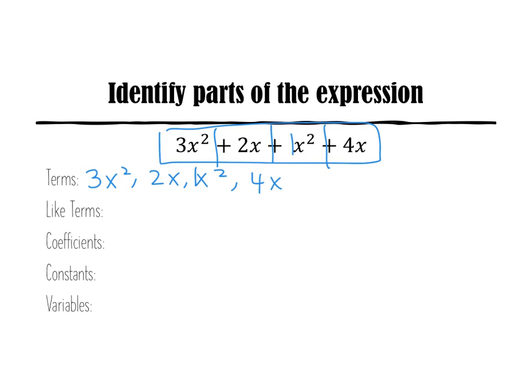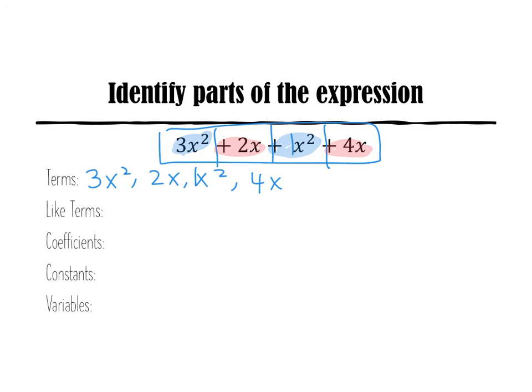All right, my like terms here. So remember I said that it has to have the same letter. Well, it also has to be raised to the same power. Since this is x squared, I have another x squared. Those are going to be like terms. So x squared and x are not like terms, but x and x are, and x squared and x squared are.